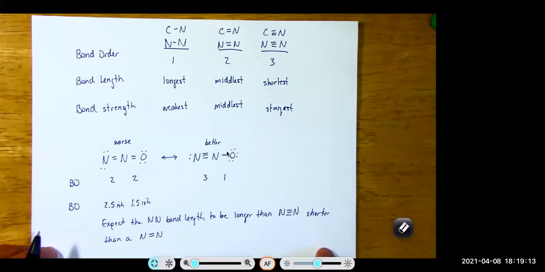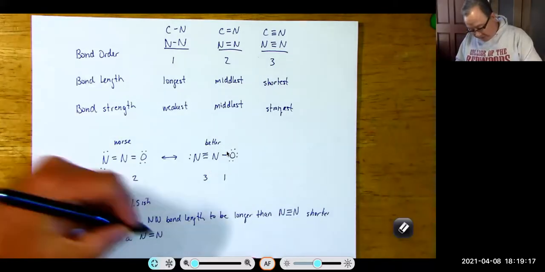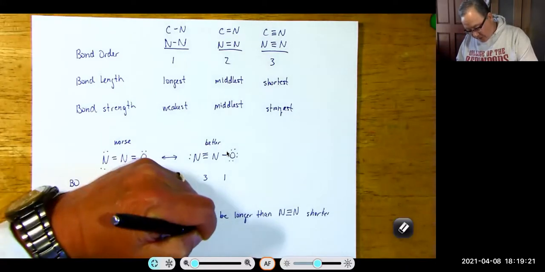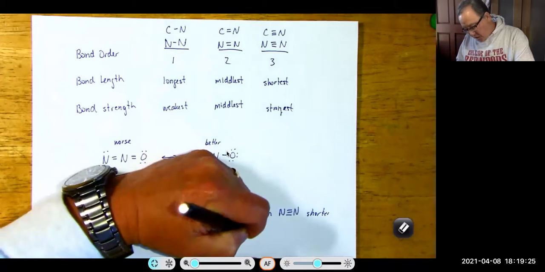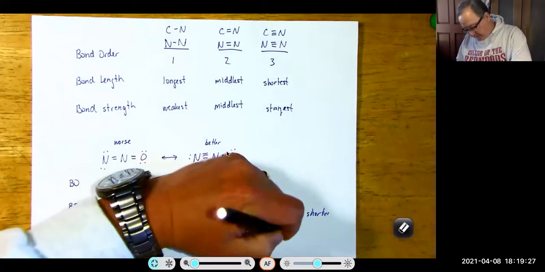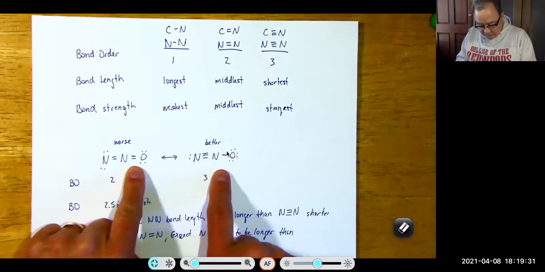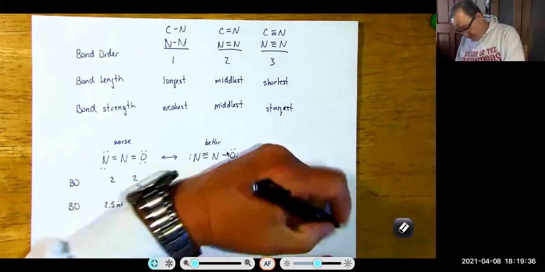Right. But when we look here, we would say that we expect the nitrogen-oxygen bond to be longer than what? Longer than a nitrogen-oxygen double bond, right?